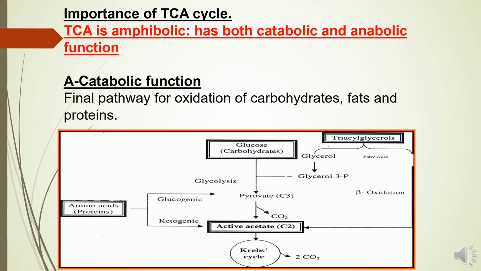Another topic of the citric acid cycle is the importance of the citric acid cycle. The citric acid cycle has an amphibolic nature, and this means it has both catabolic and anabolic functions.